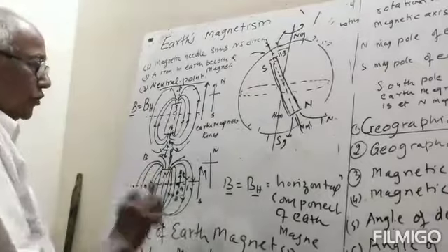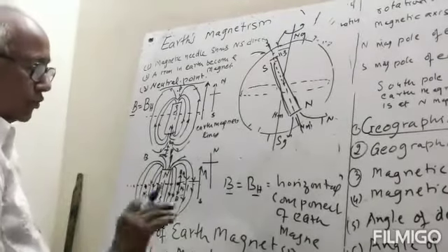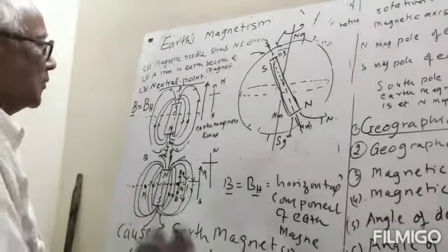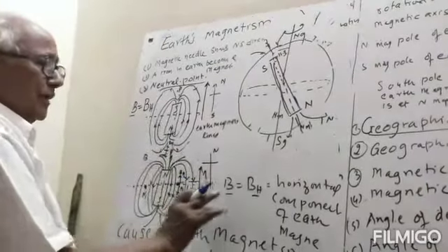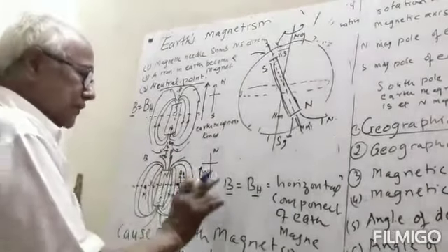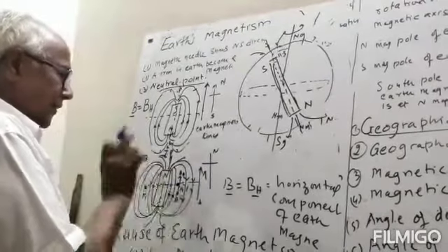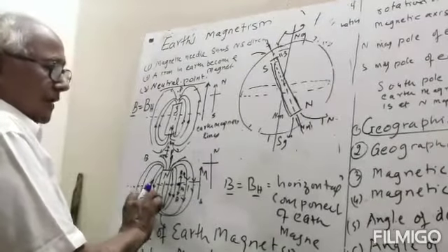So these are neutral points. The presence of neutral points shows that there is a magnetic field due to the earth which opposes the magnetic field due to this magnet.